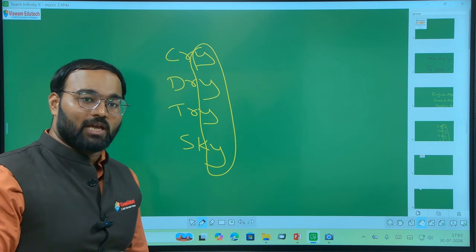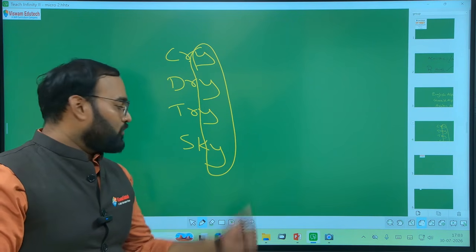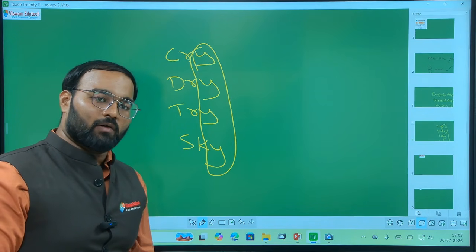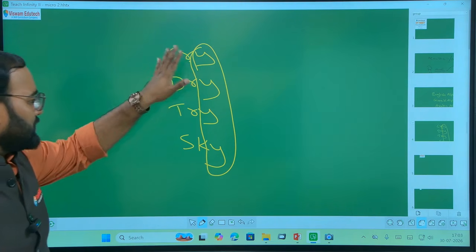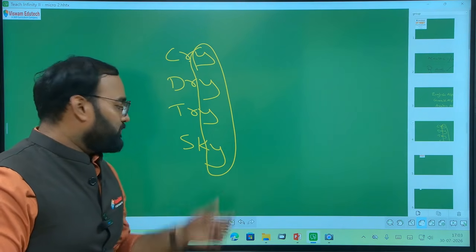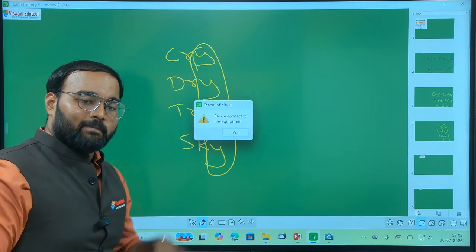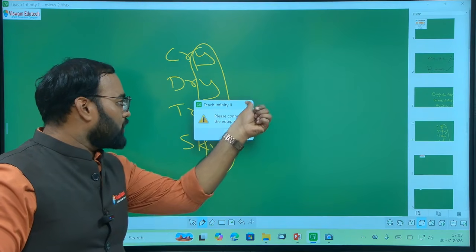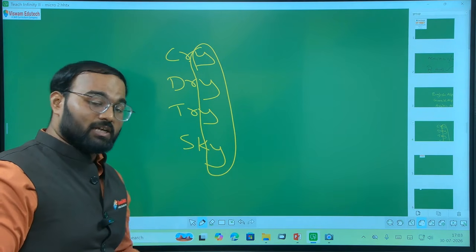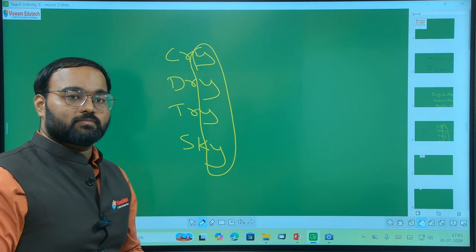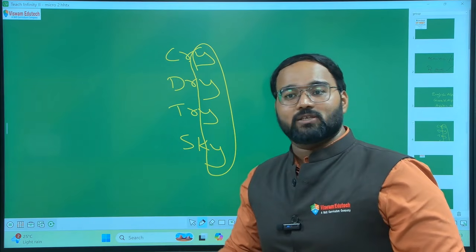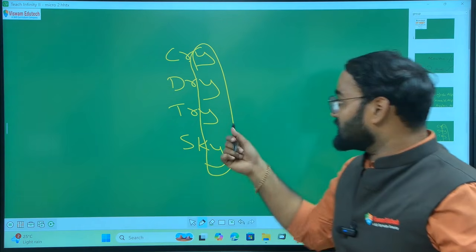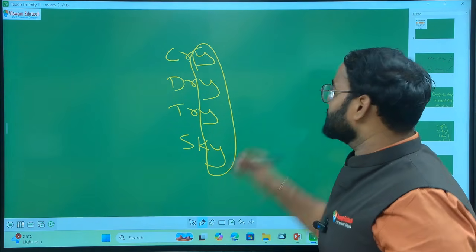It's making a vowel sound I. Y is making the vowel sound I. In this case, if Y is ending with the sound of I, then Y is considered a vowel.